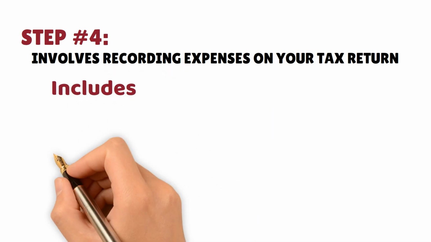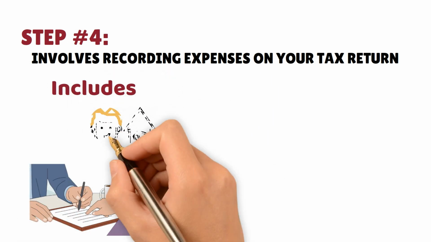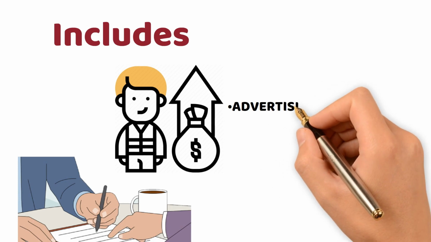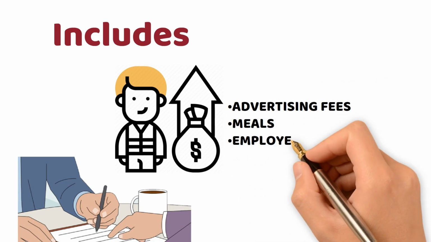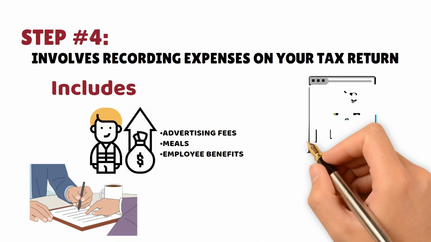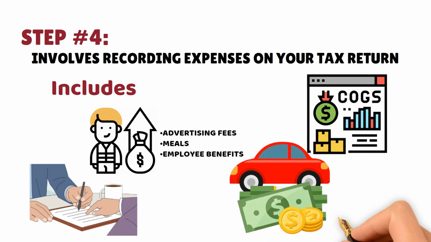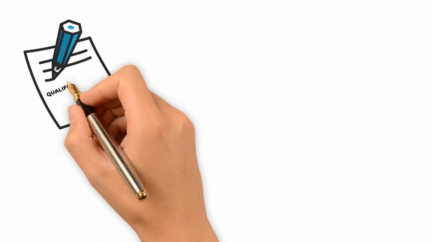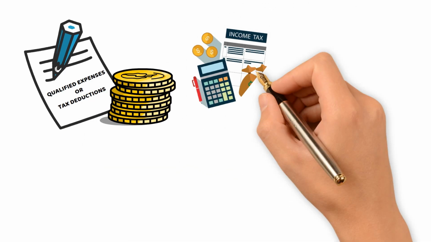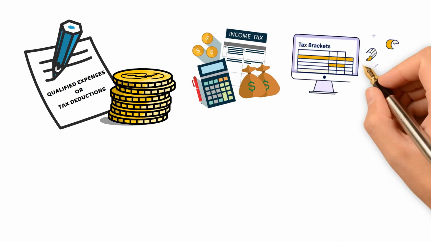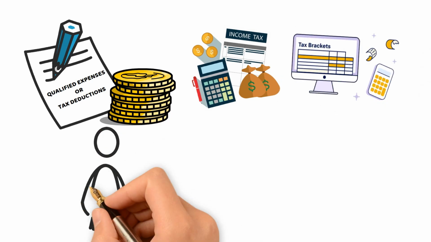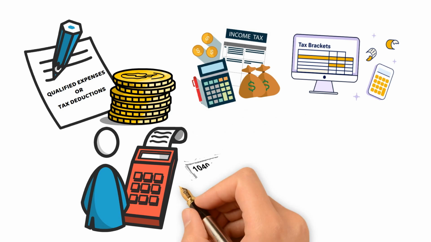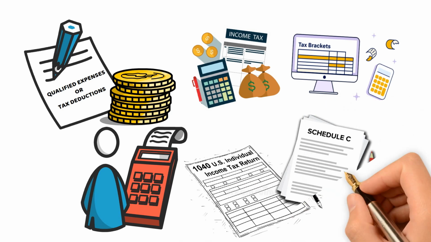This includes documenting asset purchases, direct qualified expenses like advertising fees, meals, employee benefits, cost of goods, and any incurred vehicle expenses. Upon listing all your qualified expenses or tax deductions, you'll reach your net income, a decisive factor in determining your total taxable income and respective tax bracket. Calculating these aspects swiftly occurs when filing the 1040 form with a Schedule C.